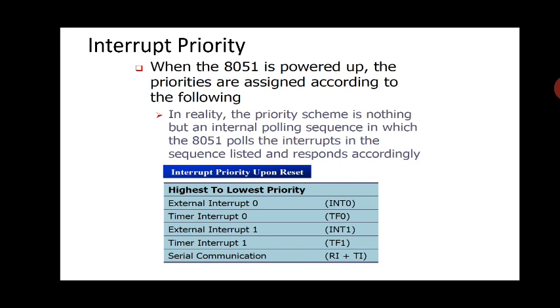In order to sort out these interrupts, 8051 has assigned a priority from highest to lowest. The highest priority is given to INT0, the next to TF0, the next INT1, TF1, and then RI and TI.